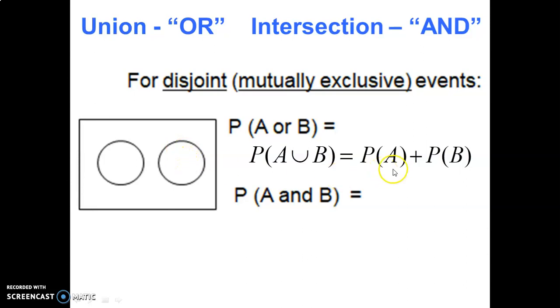Okay, that's what we did in the first 2 examples. For the probability of A and B for these kinds of events is the intersection. And as we can see, mutually exclusive events have no intersection. So A and B, if anything from the sample space cannot be A and B at the same time, there is no intersection. So the intersection is 0.